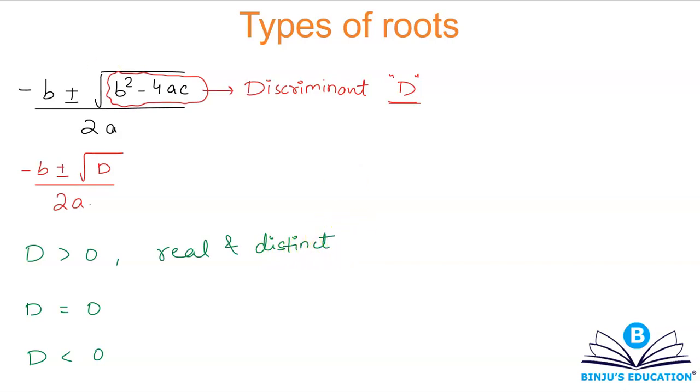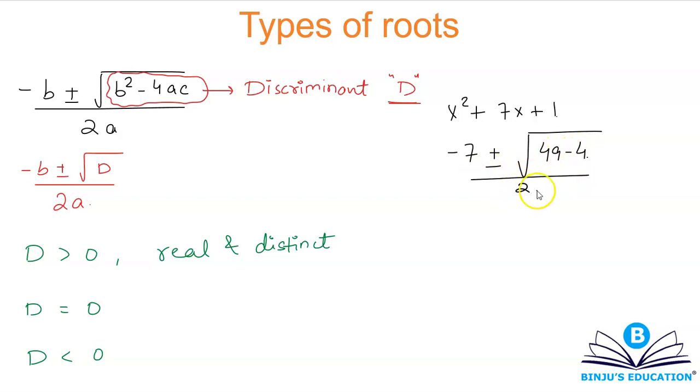For example, let's say I have a function x square plus 7x plus 1. Let's calculate the roots. So I'm going to have minus 7 plus minus root of b square, which is 49, minus 4, divided by 2. That's minus 7 plus minus root 45 by 2.